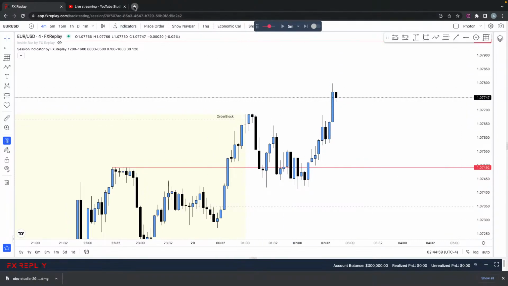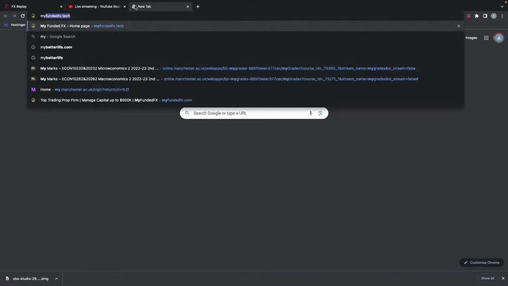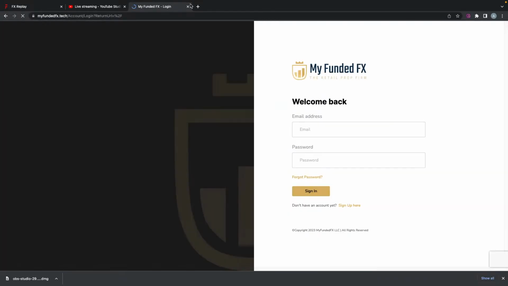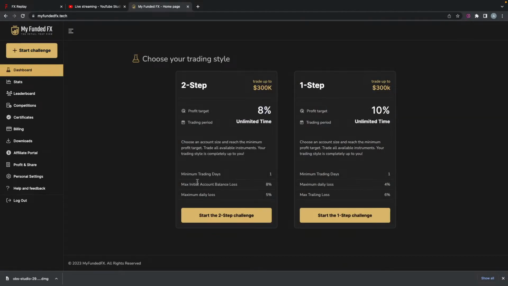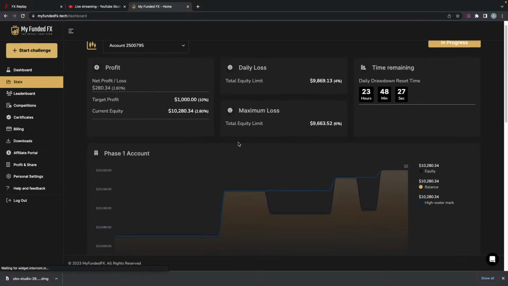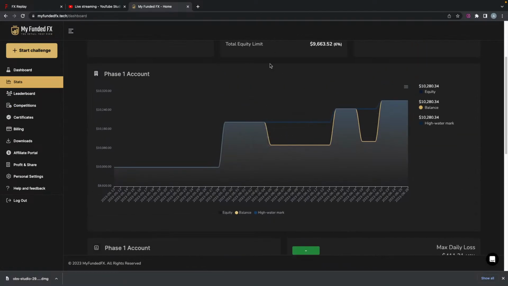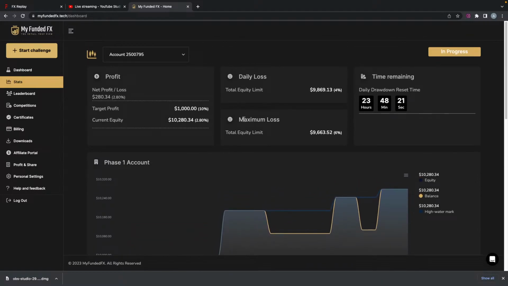I can show you. Wait a sec. So if I go on my stats, where does it say maximum equity limit? Yeah, okay.